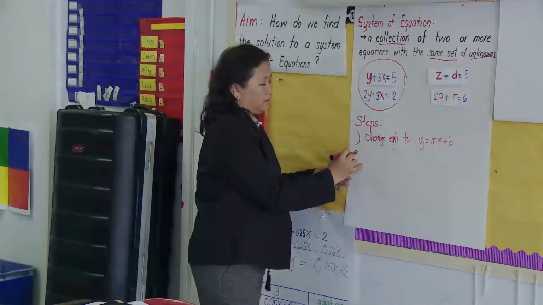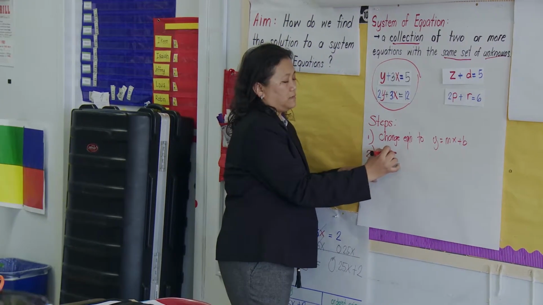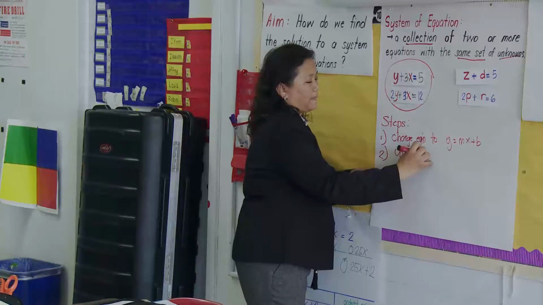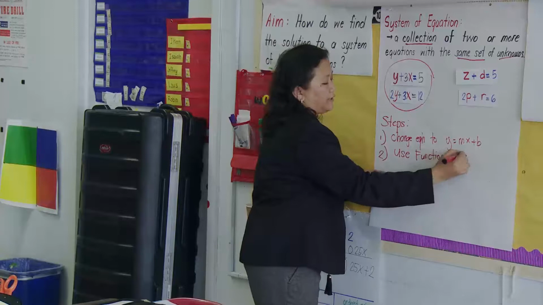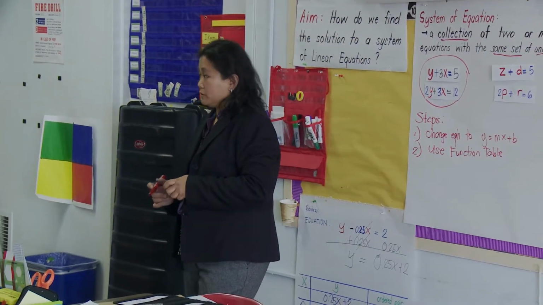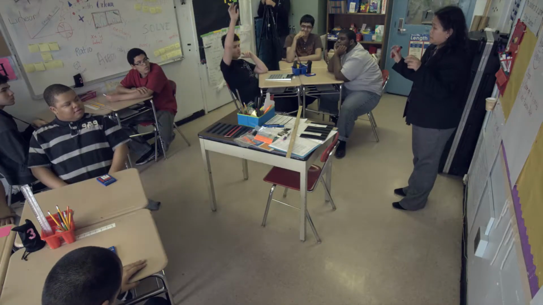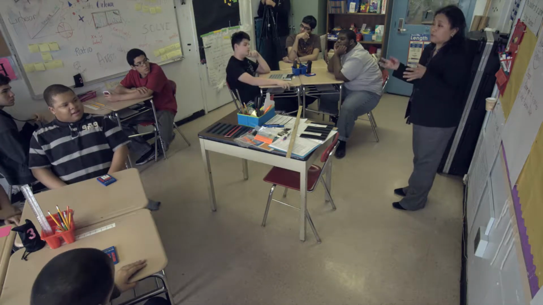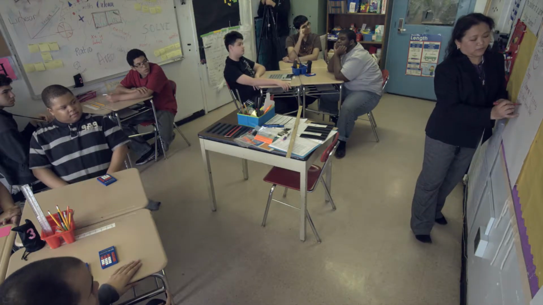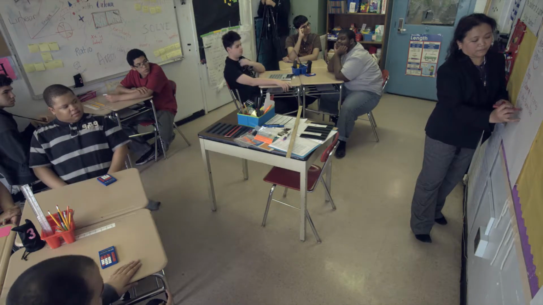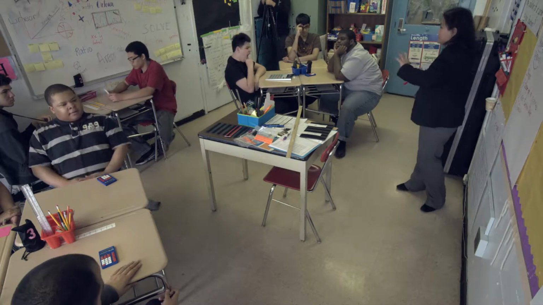We identified already the equation. Then we're going to use, like we did earlier, the function table. Why do we need the function table? We get our numbers, which are the ordered pairs, in order to graph. Then we graph. Now, these are the basic 3 steps that we do.